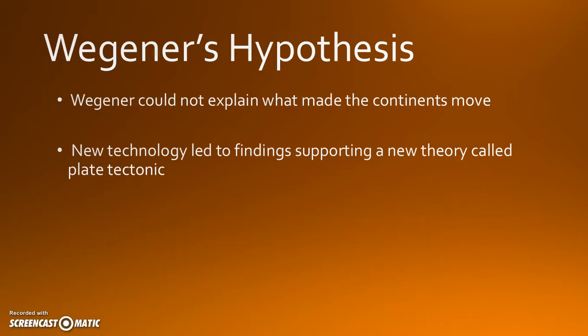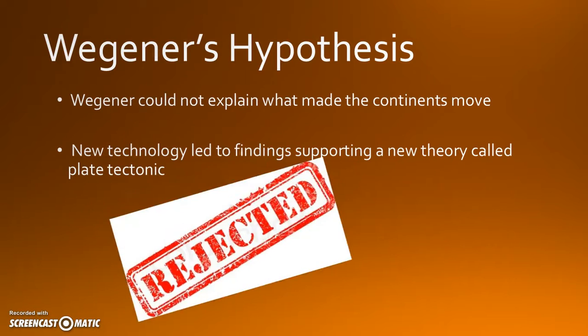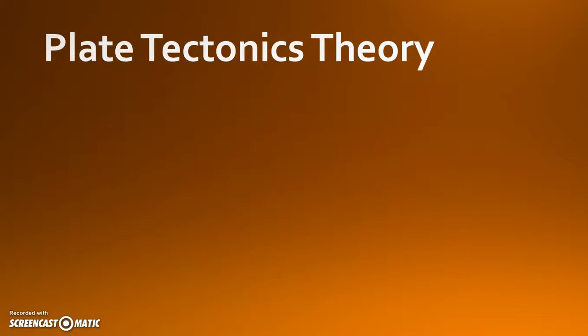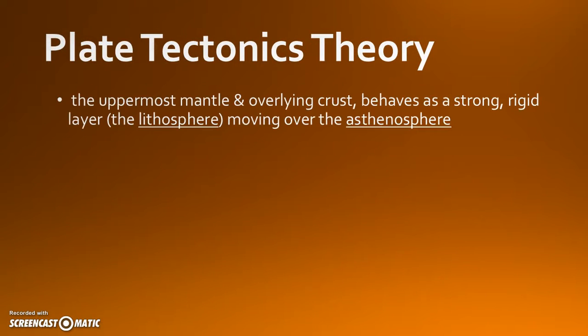So Wegener's hypothesis was rejected. So what does plate tectonics say? The plate tectonics theory talks about the uppermost mantle and the overlying crust. So think about the lithosphere. We talked about that from chapter 1. And it moves over the lower mantle, which we call the asthenosphere. So it's that molten area.